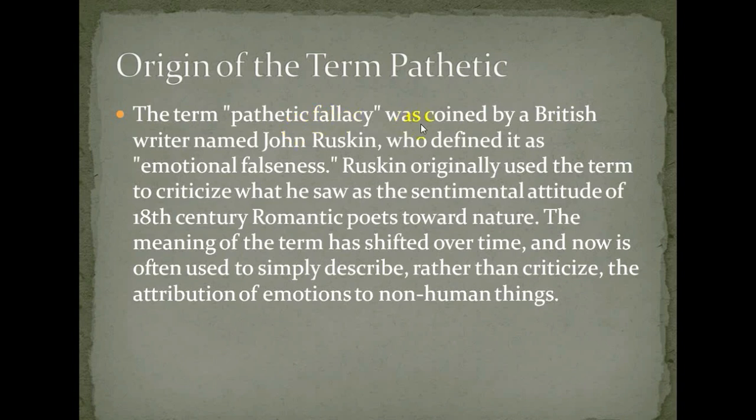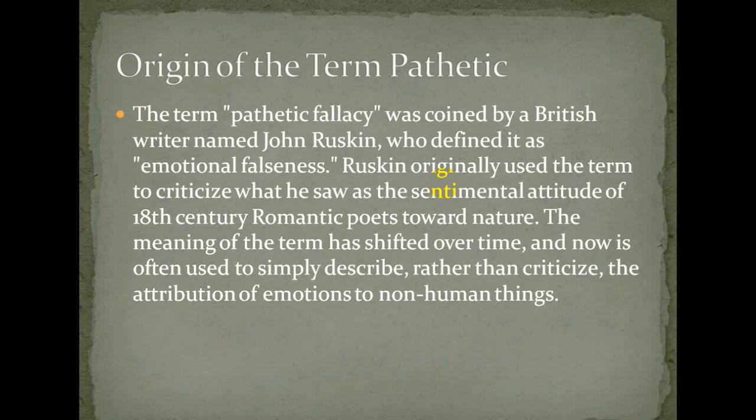The term pathetic fallacy was coined by a British writer named John Ruskin, who defined it as emotional falseness. Ruskin originally used the term to criticize what he saw as the sentimental attitude of 18th century romantic poets towards nature. The meaning of the term has shifted over time and now is often used to simply describe rather than criticize the attribution of emotions to non-human things.